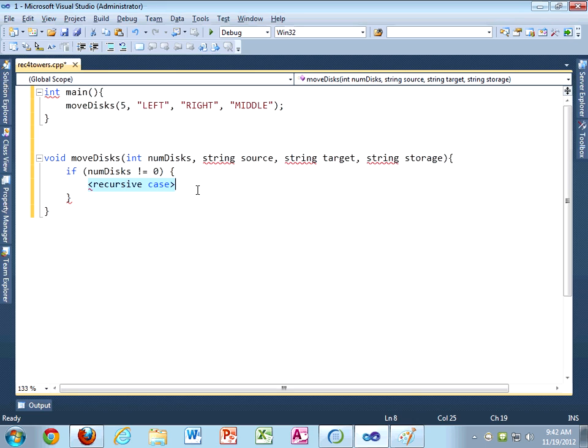From source to storage, right? From whichever pole we're moving things from to the pole that we're using as a temporary holding spot. So move disks n-1 from source to storage, using the target as a storage place, right? Everyone okay with that?